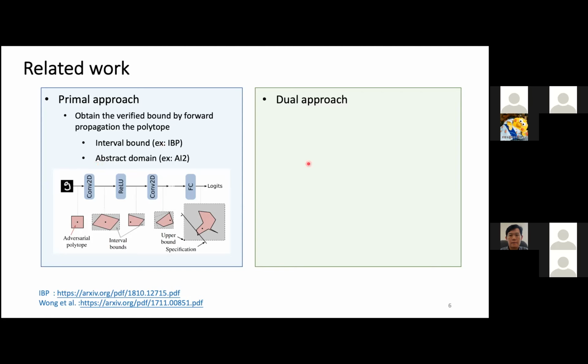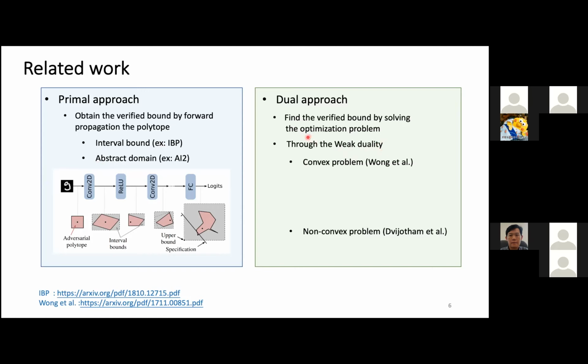On the other hand, in the dual approach, people usually formulate the verification problem as an optimization problem. And they usually find the verified bound by the weak duality. According to the type of the optimization problem, we can divide it into two cases.